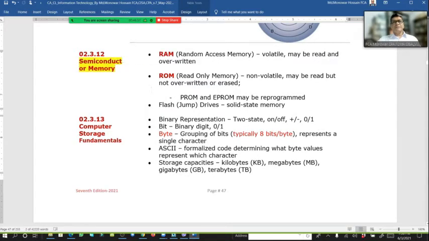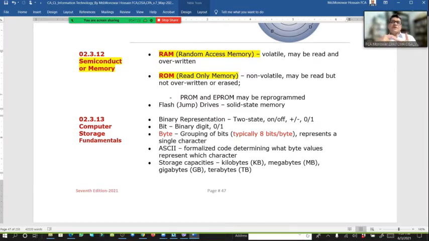Semiconductor memory has two kinds. One is RAM, random access memory, which is volatile and may be read and overwritten. Overwritten means you can write new data over existing data. And ROM, read-only memory, is non-volatile and may be read but not overwritten or erased.